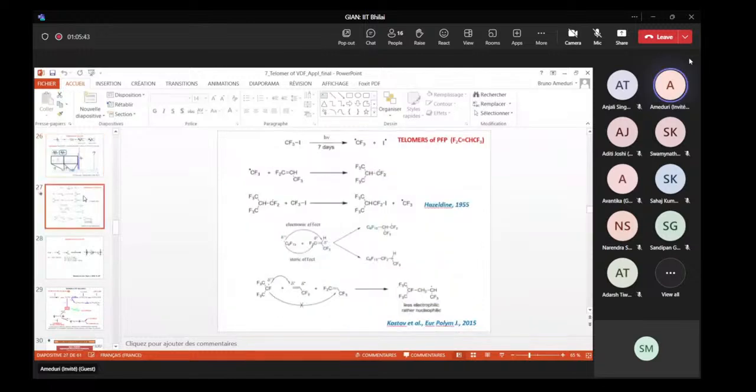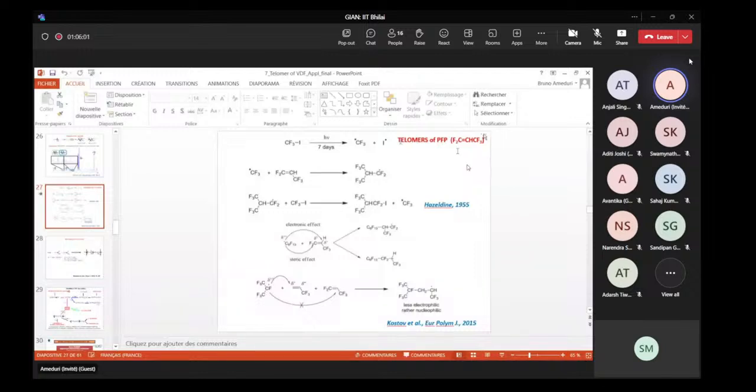So we wanted to go a little bit further and see if it was possible to make telomers of pentafluoropropylene. Pentafluoropropylene is a very tricky monomer. Not so many reports have been published, and indeed, it does not homopolymerize.